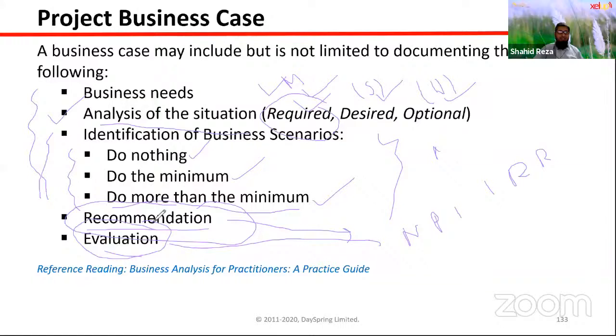So that evaluation criteria should also be mentioned in the business case. So this is the general structure of a business case, but if you want to see the detailed structure, the book I have shown you, this one, you can see this book. You will get a broader idea from this book.